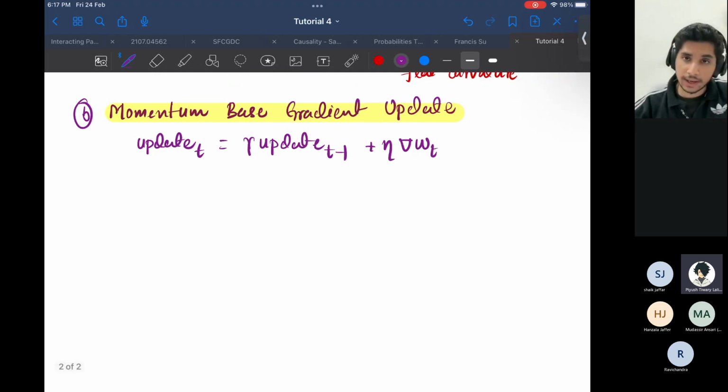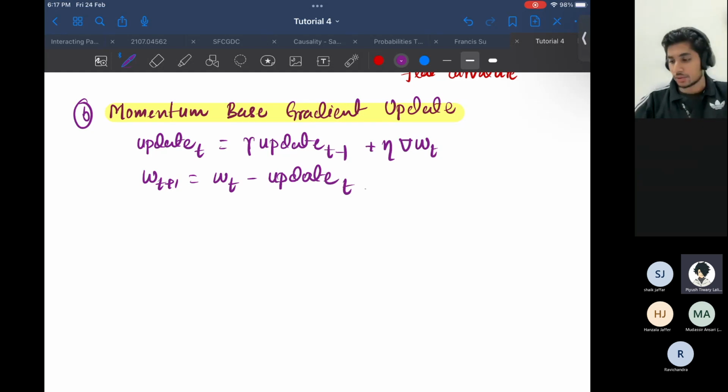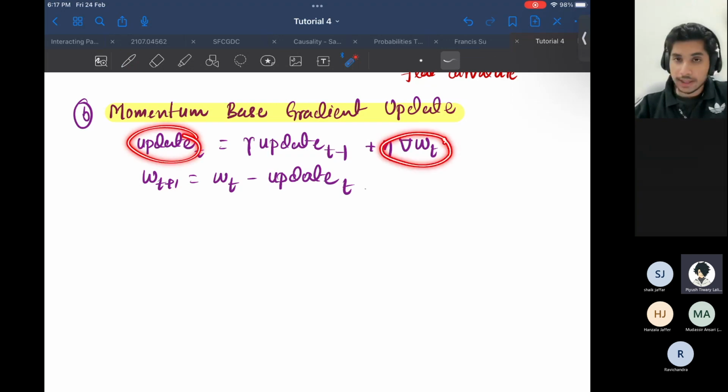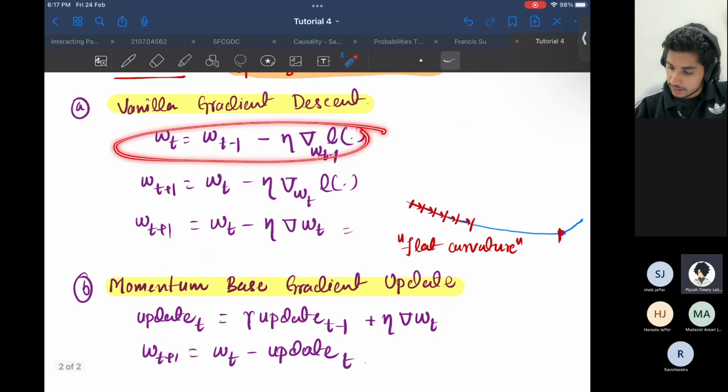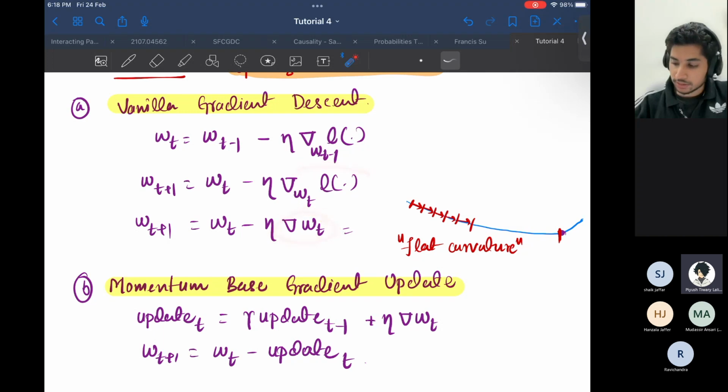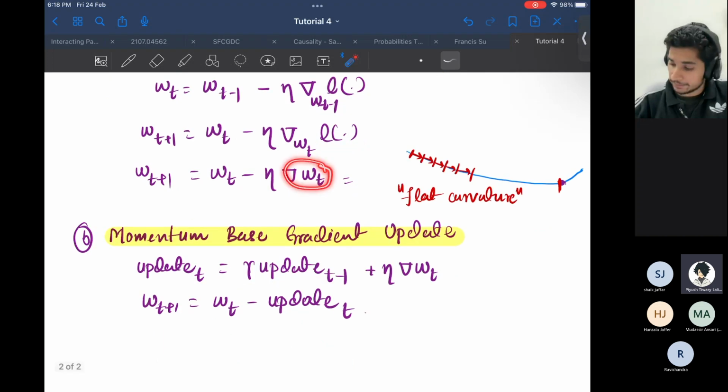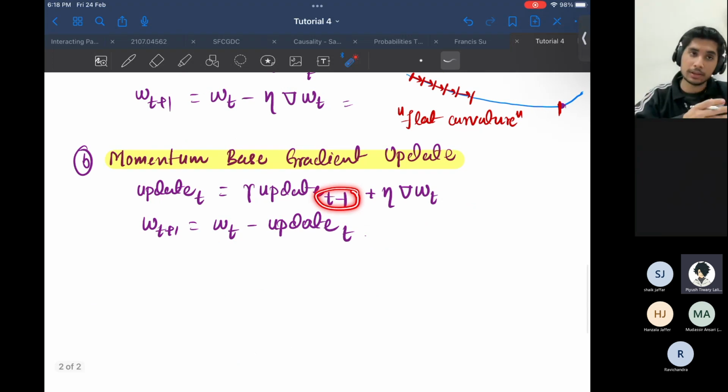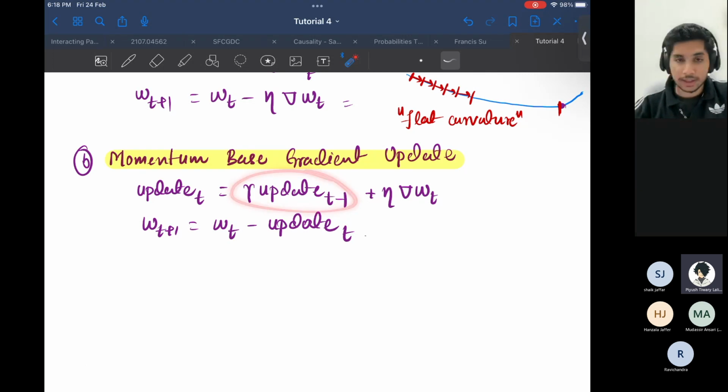This is the update that you do at time instant t, and your weights are updated in the following way: w_{t+1} is equal to w_t minus update_t. So I hope you can see that the current update is not only dependent on the current weight, as was the case here. At time instant t, the only gradient that we were using was with respect to w_t. Here we are also taking the previous updates that we have done till time t into consideration. This term in particular.